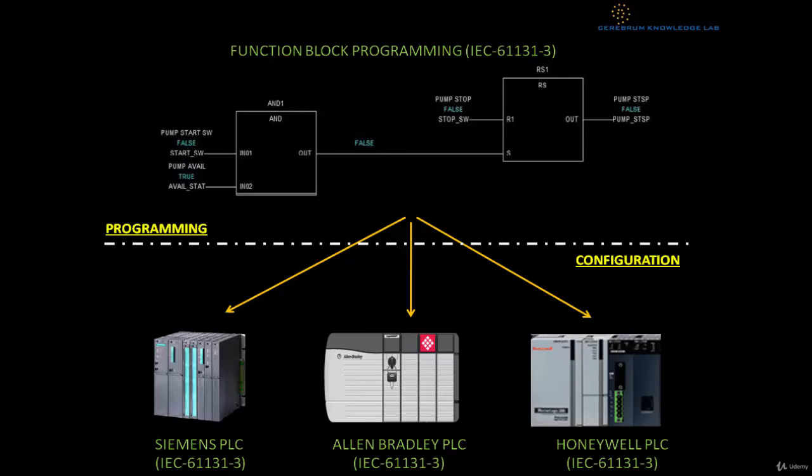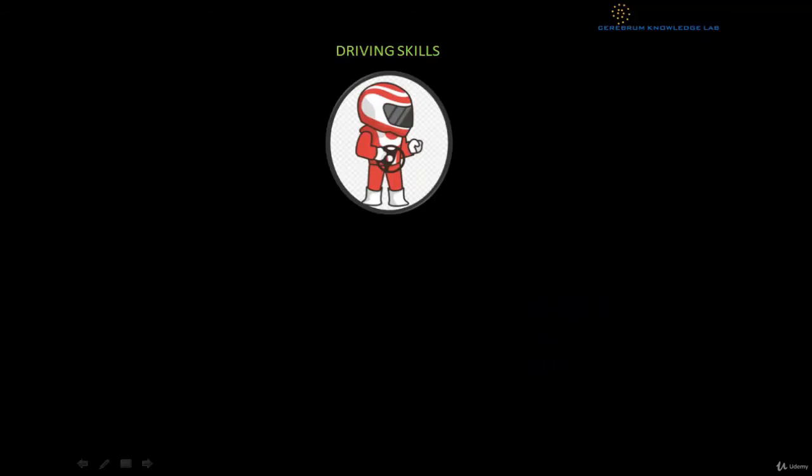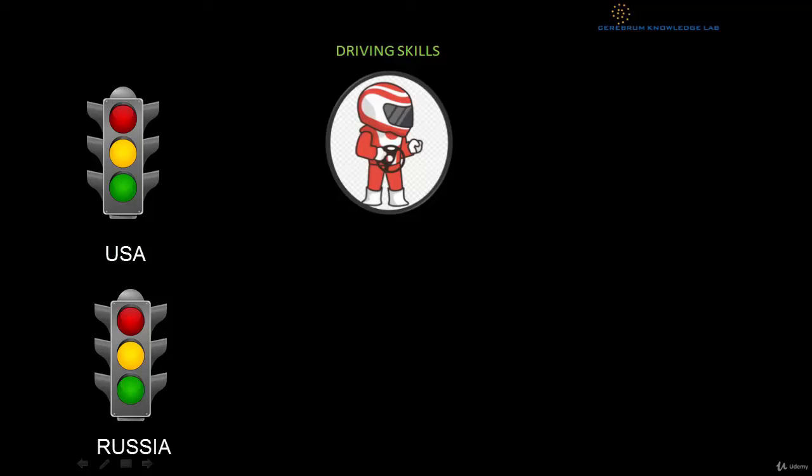To put an analogy between programming skills and driving skills, a driver learns the scientific way of driving following physics, traffic rules, and standard universal driving protocols. A stop sign in the United States would most likely be the same in Russia.